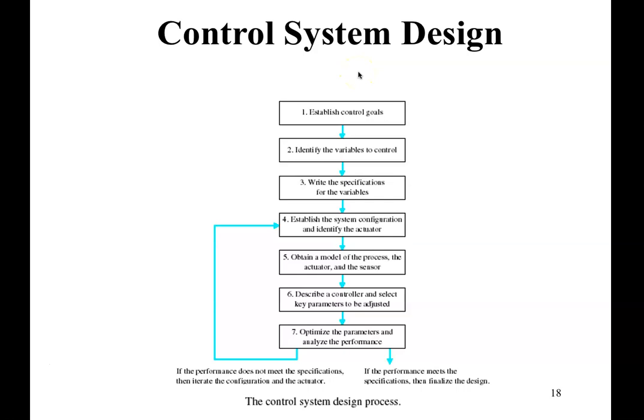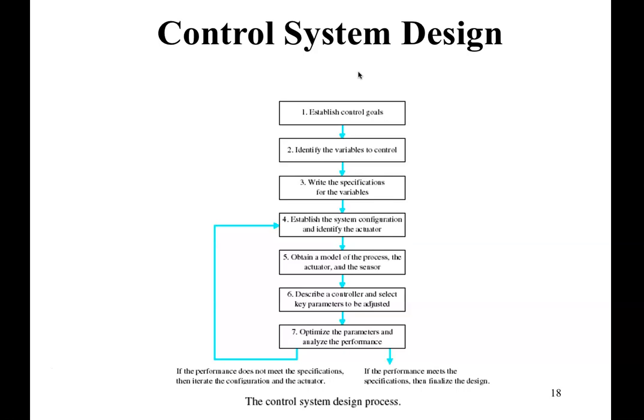Secondly, identify the variables to control, what we want to control. For example, if you drive a car, you want to control the speed, or the position, or the movement, that kind of stuff. So what kind of variables we want to control, which in turn determines what kind of measurements we need, what kind of feedback we want.